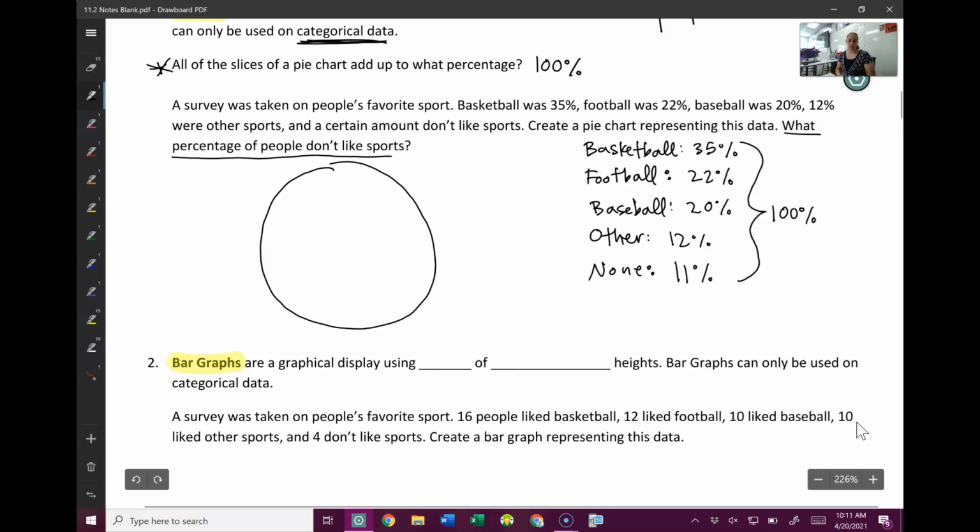So we draw a circle. I have always found that if you're going to draw a pie chart by hand, it's pretty hard to make it exact. So one way that I do it is to split my pie chart into fourths. And I know that 25% goes in each of these fourths.